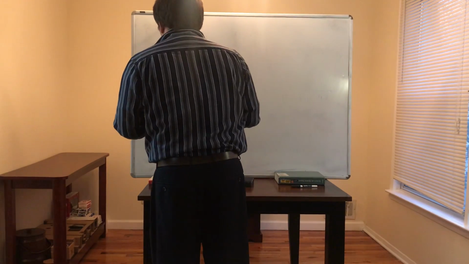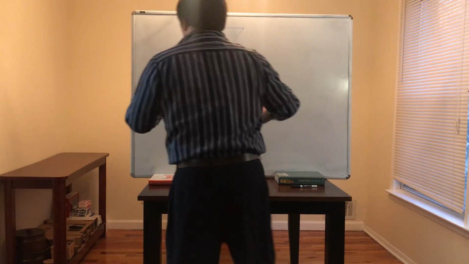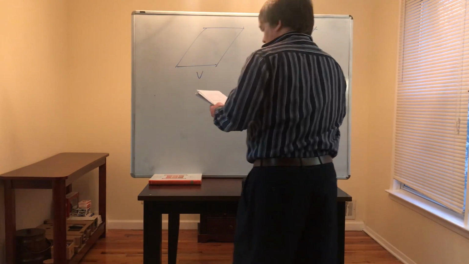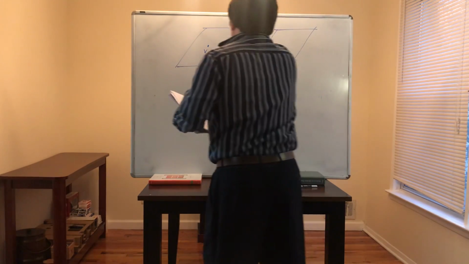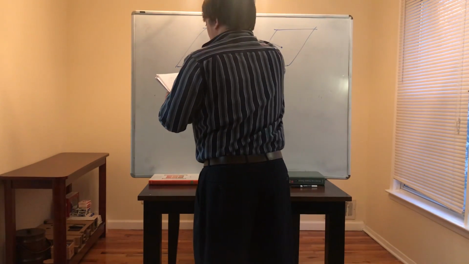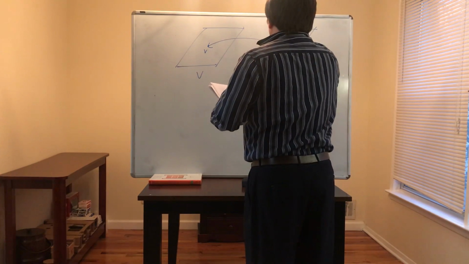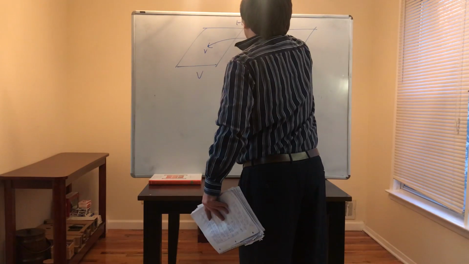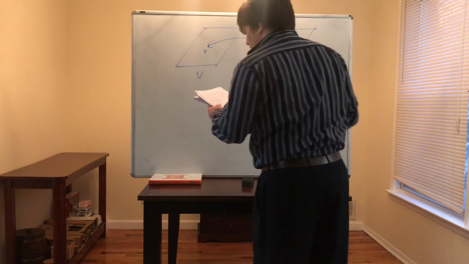Okay. And so now if you look at the vector space V, and you look at the vector space Rn, there's a one-to-one correspondence between the vectors in V and the vectors in Rn. Okay, so there's a one-to-one correspondence between these two spaces.